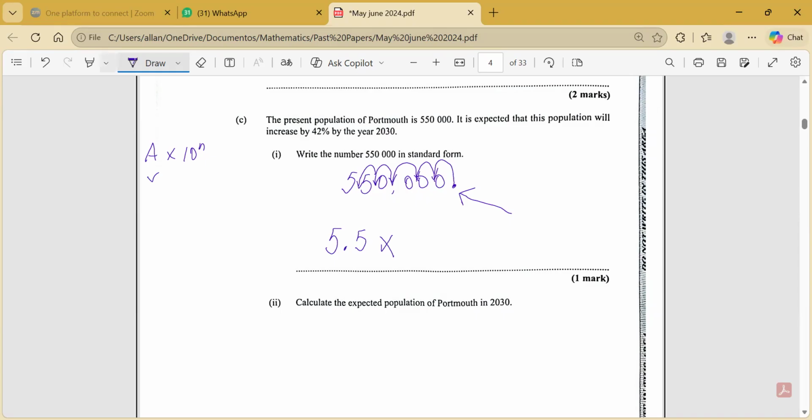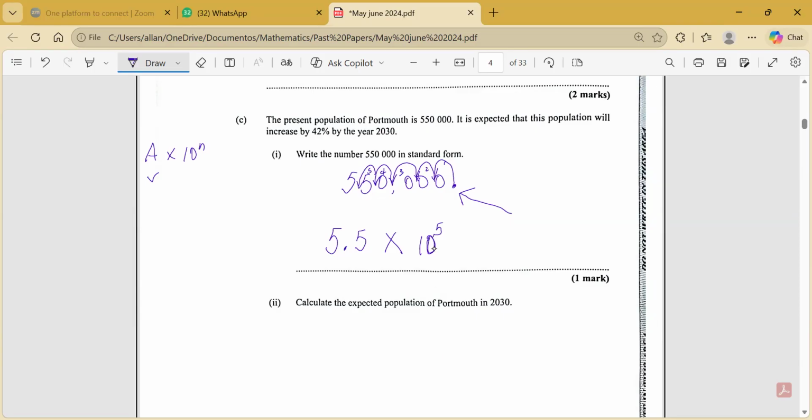Multiply by 10 to the, how many places did I move my point? 1, 2, 3, 4, 5. So that's how I get 10 to the 5th power.